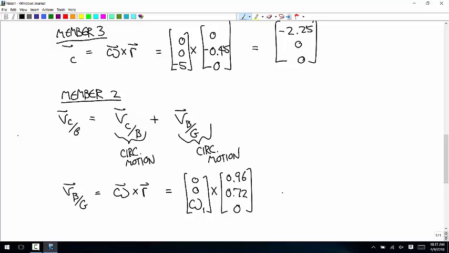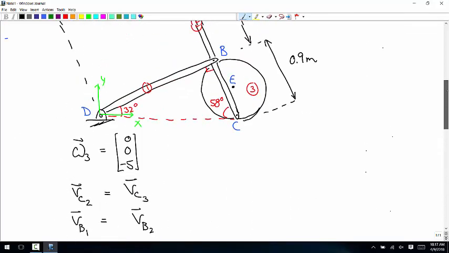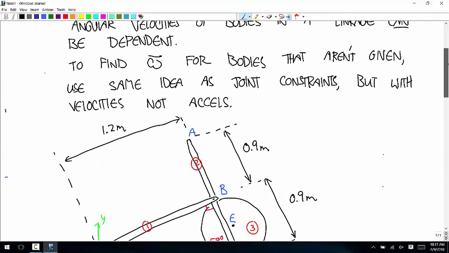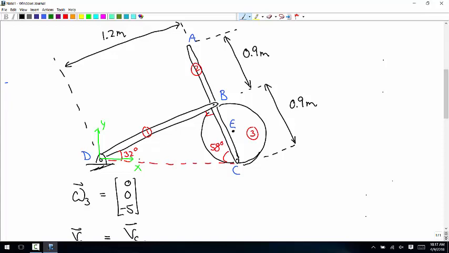And what do you get if you take that cross product? Negative 0.72 omega 1, right? And then 0.96 omega 1, 0. Well, this is the 1.2, but 1.2 times, yeah.